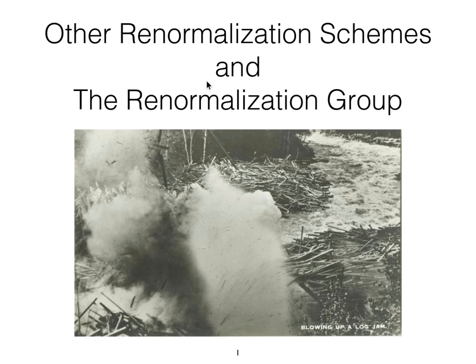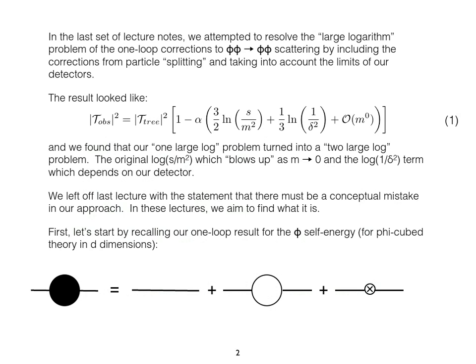Okay. So what I want to do is talk about other renormalization schemes, in particular one called the MS bar scheme, and we'll start to get into what's called the renormalization group. Okay. All right. So let's see where we are. Up until this point, we've computed the one loop amplitude.